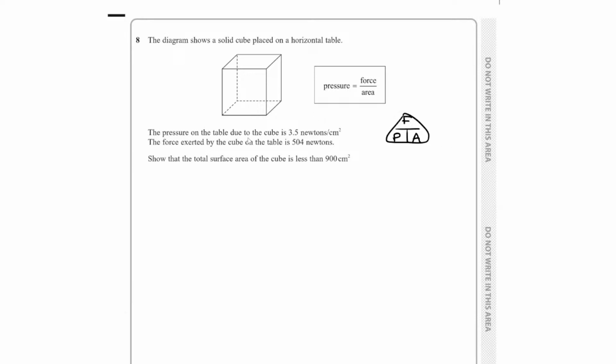So the pressure on the table due to the cube is 3.5 newtons per centimetre squared. So we've got pressure. The force exerted by the cube on the table is 504 newtons. See how those units also match. So that's good. So we've got pressure and we've got force. They've then said show that the total surface area of the cube is less than 900 centimetres squared.